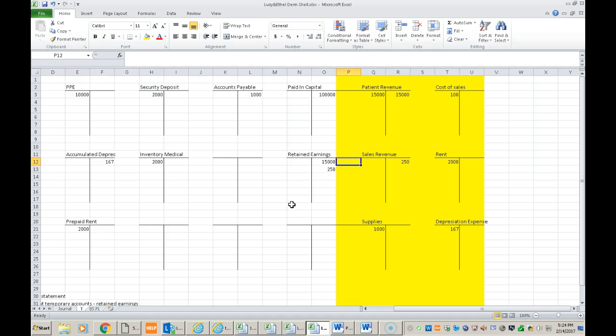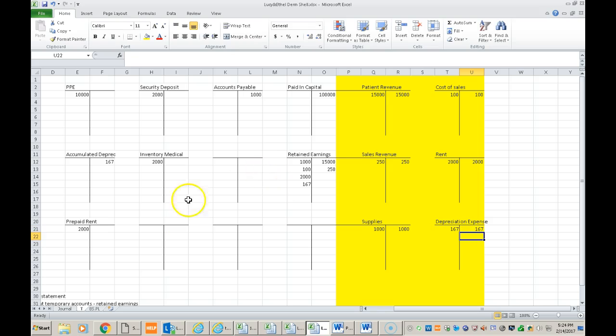Here, sales revenue, get rid of it here, and expenses always decreases retained earnings. So remember, to decrease retained earnings is a debit. Here we're going to get rid of all of the expenses, closing them out by doing credits on the P&L side. And so it's a debit to retained earnings.